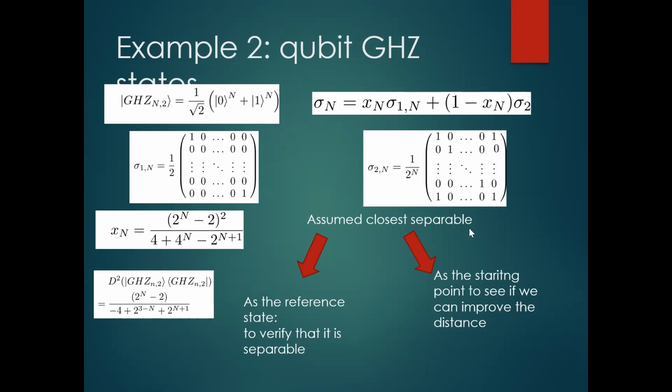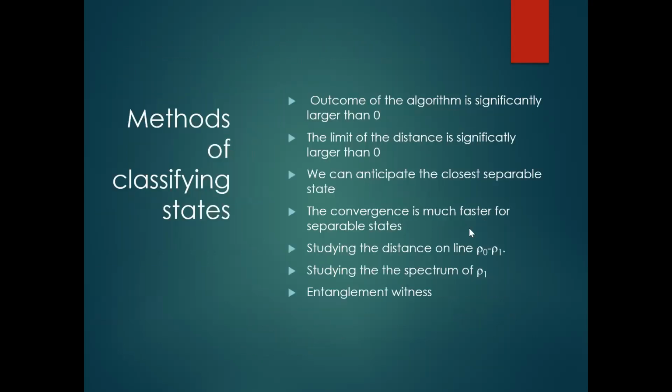And the square distance behavior tends to 1/2 very fast, which is not the most we have seen in this regime. Okay, so there's a lot of info you get from this algorithm. First of all, if you don't reach a number which is close to 0, that already tells you something.